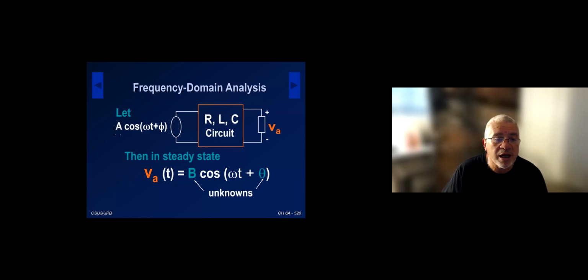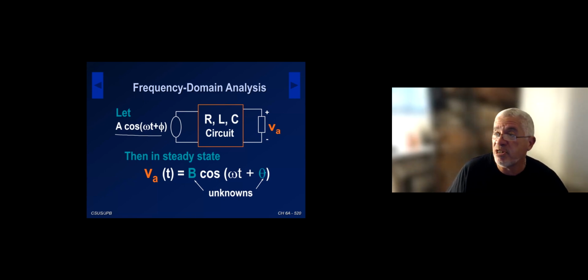We're going to have many sources that look like this. When we have sources that look like this, the response, which can be either voltage or current, and I'm showing you voltage here, is going to be as follows. If you have a source with an amplitude A cosine omega t plus phi, the response is going to be B cosine omega t plus theta.